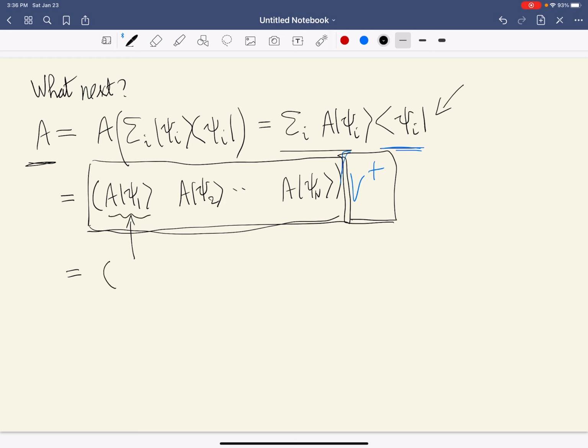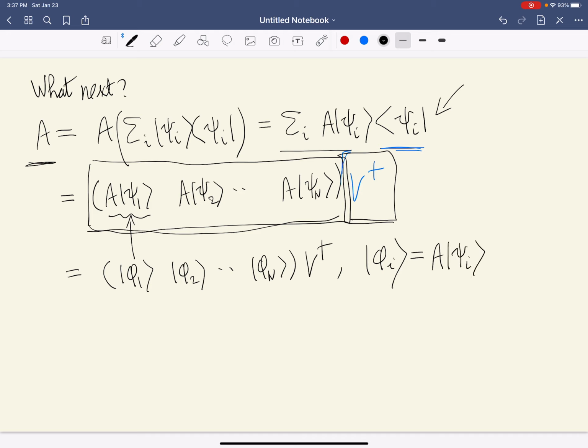So instead of writing A psi 1, I'm going to write phi 1, phi 2, all the way up to phi n, times V dagger. And keep in mind that each phi i is just A acting on a given eigenvector psi i. That's the definition of phi i. So that's roughly one half of the singular value decomposition.